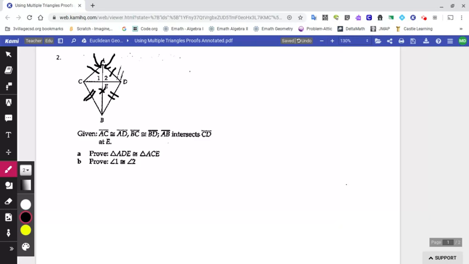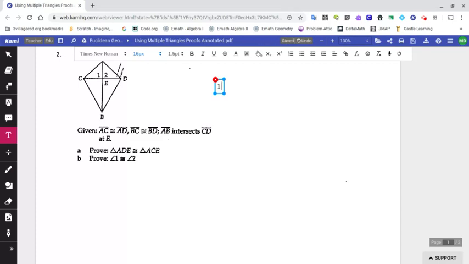Then AE is also congruent by reflexive, and I can use side angle side on the two smaller triangles on top. So I need to prove those two bigger triangles congruent first and use their parts to get the smaller triangles. That's the entire purpose of this particular unit, being able to use parts from one pair to prove the other pair.